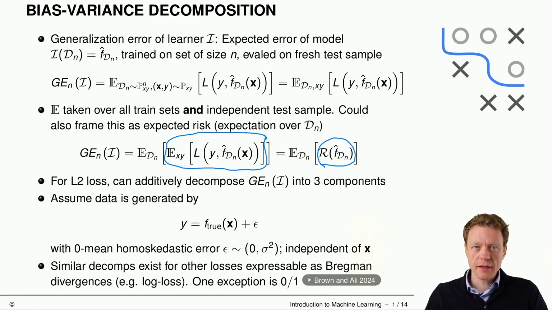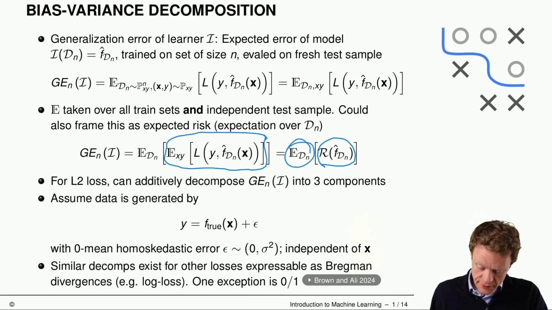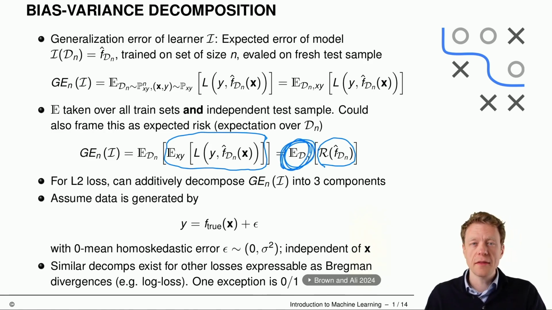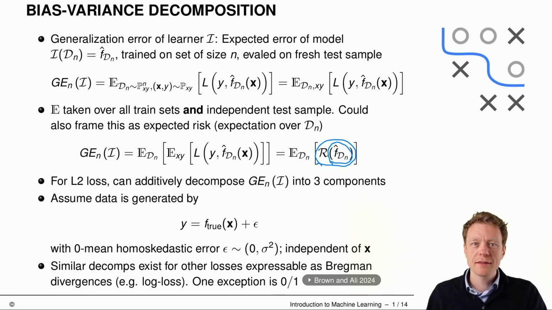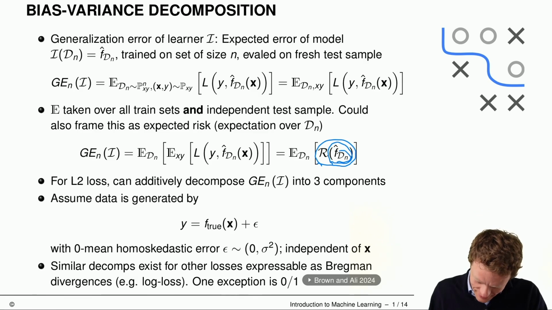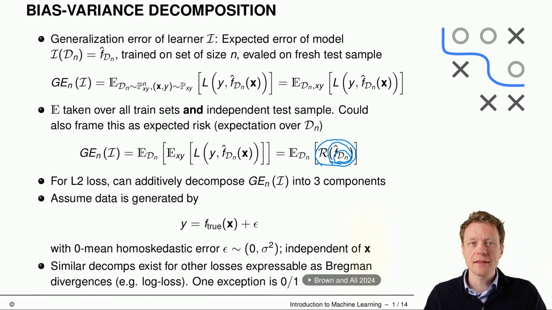But the new thing is that we don't say that the model is already fixed, but that we can use different data sets Dn to train that model, which means that the risk itself is a random variable, because the model f hat is a random variable, because this data set is random.